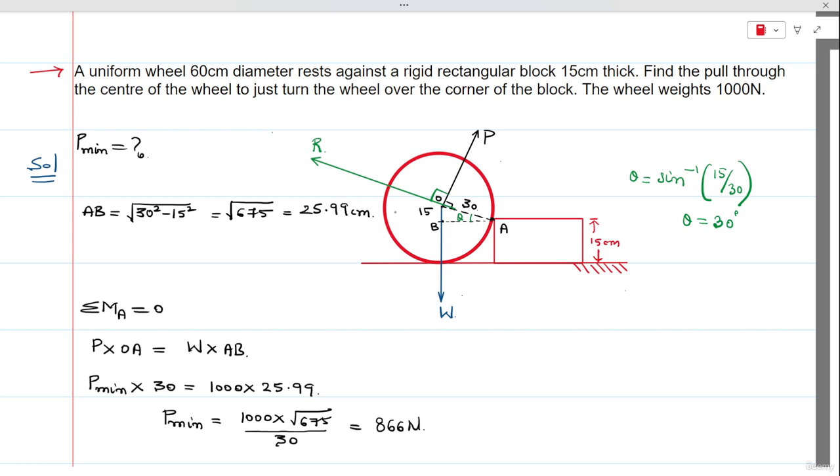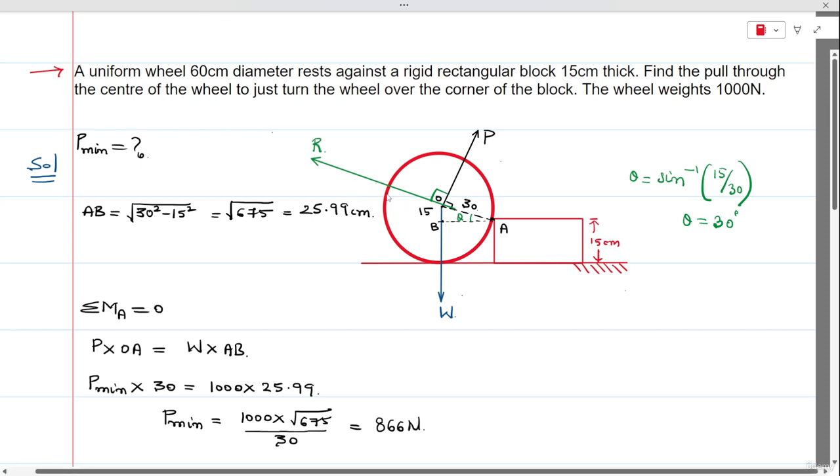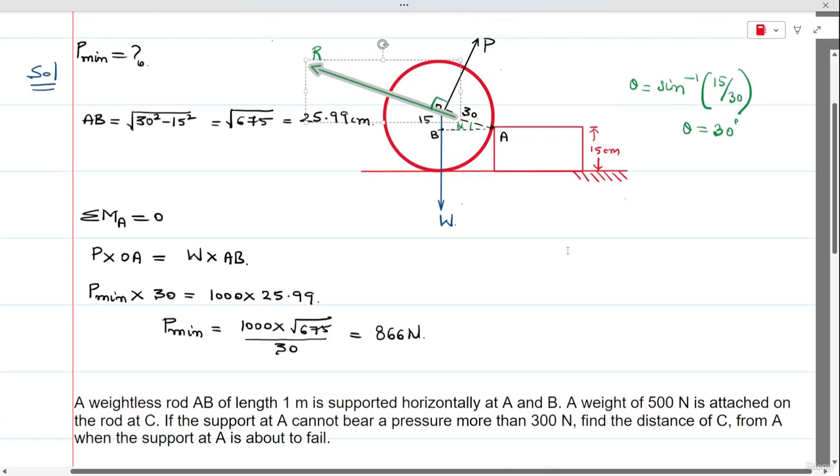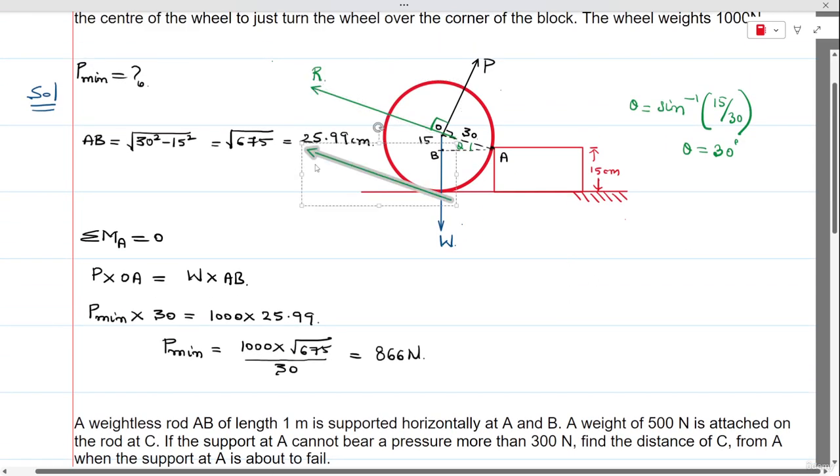So let me take these forces individually, and let me draw the diagram, so that here we are dealing with only three forces and we can apply Lami's theorem very easily.